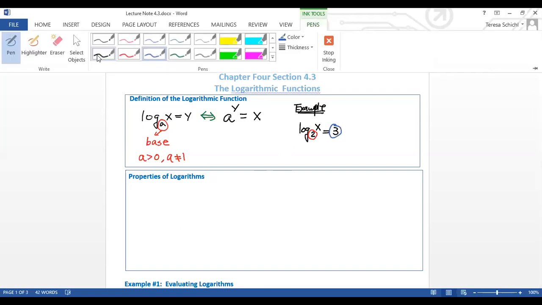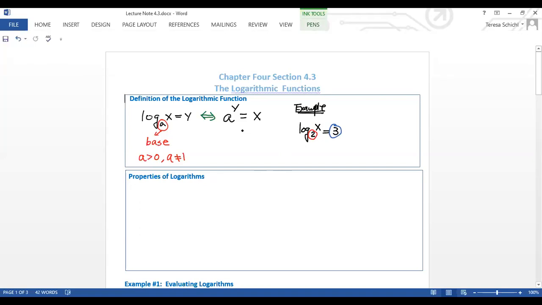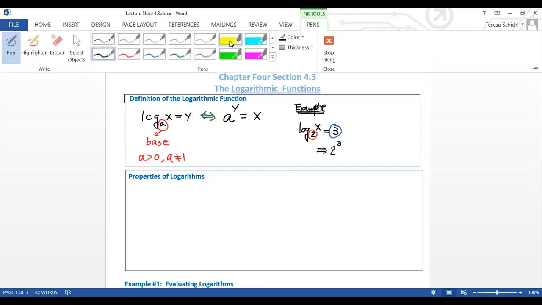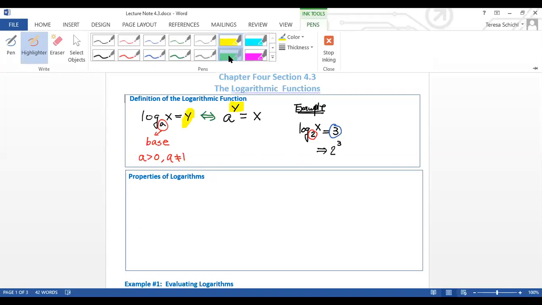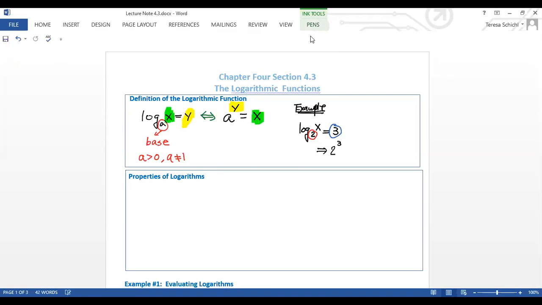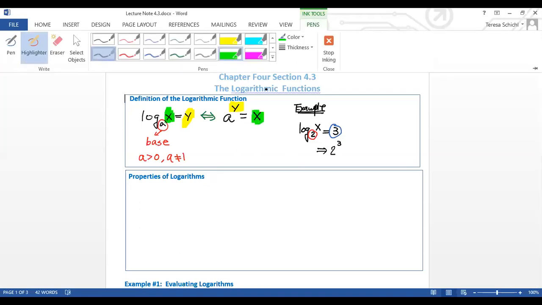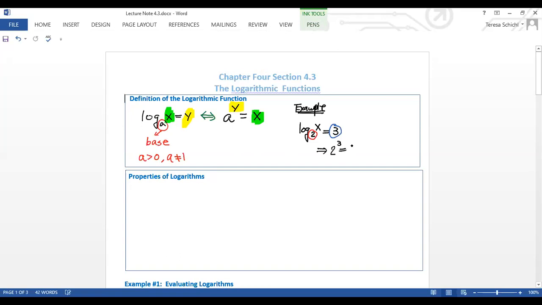Based on my definition of the log function, I know that this is 2 to the 3rd power. Be very careful here, I'm color coding that. So 2 to the 3rd equals x.